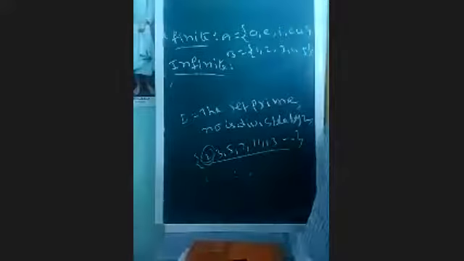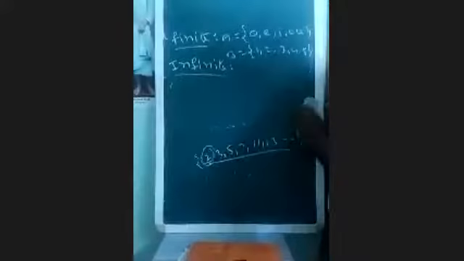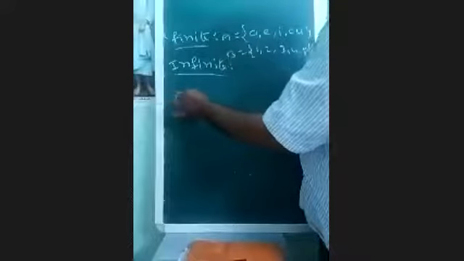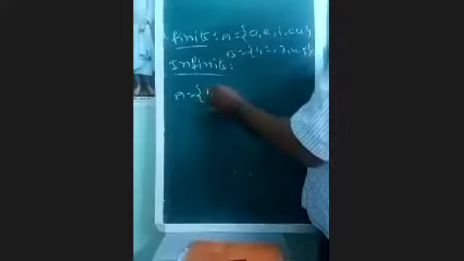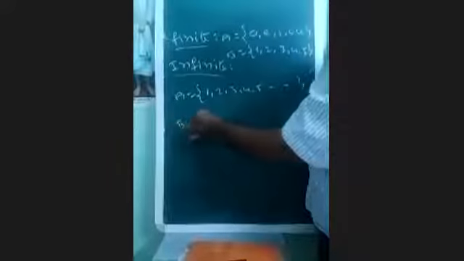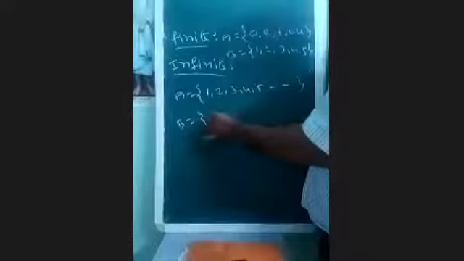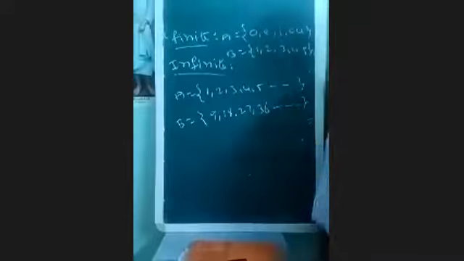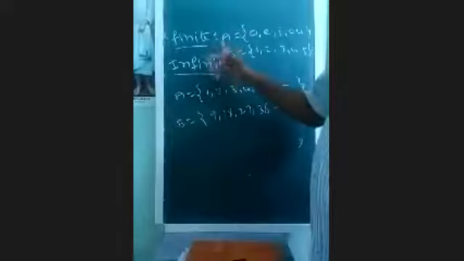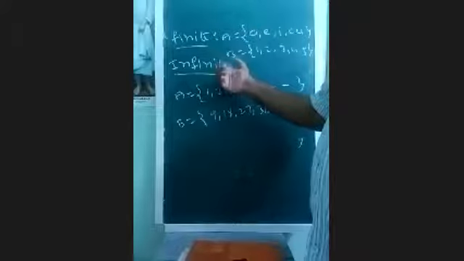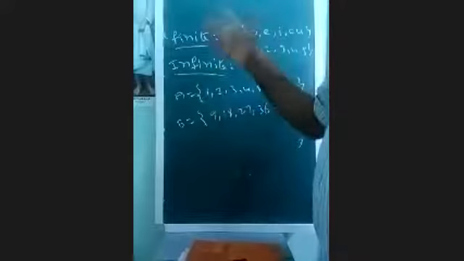Next, infinite. The set has uncountable elements. Set A is equal to the set of natural numbers 1, 2, 3, 4, 5, etc. Set B is equal to the multiples of 9: 9, 18, 27, 36, etc. You have observed these are infinite. Finite means countable, infinite set means uncountable.